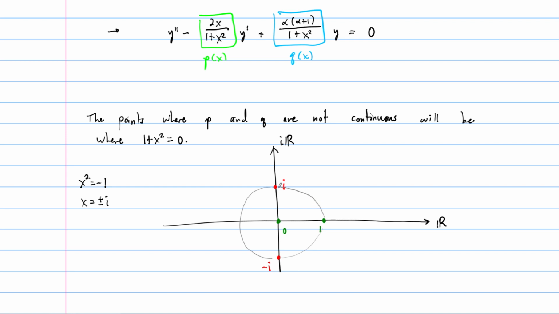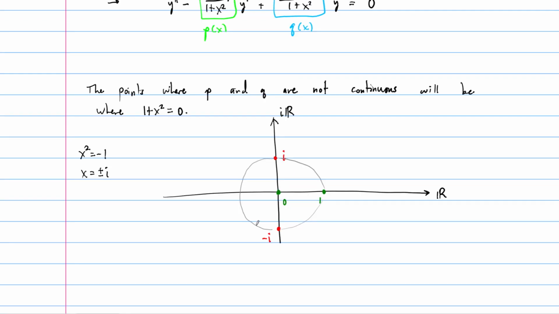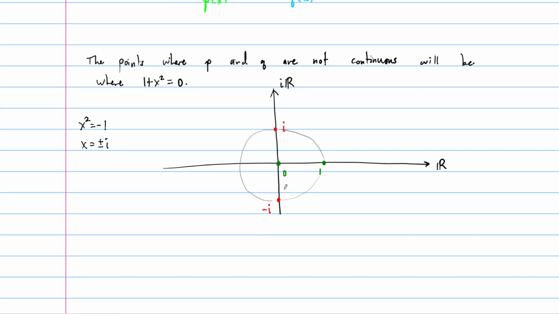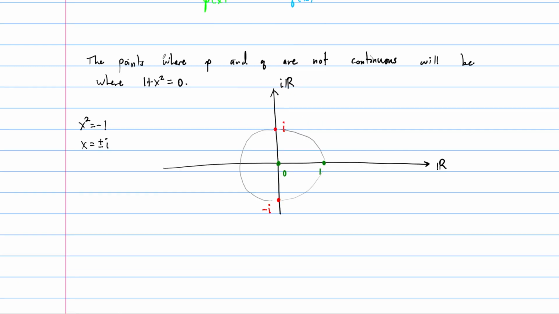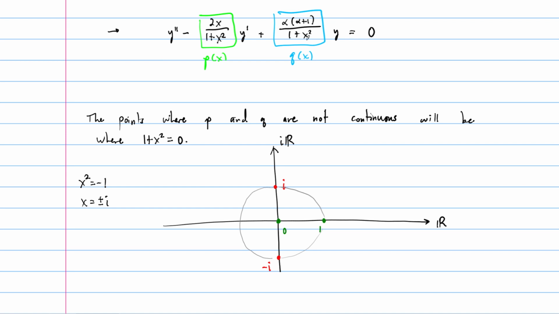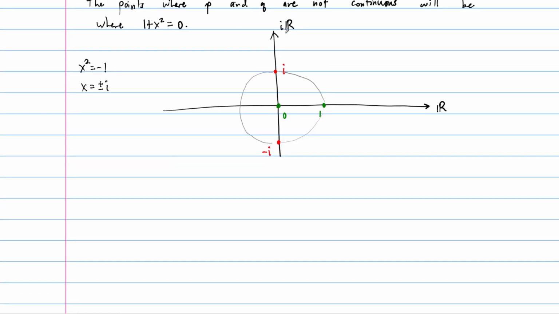That's supposed to be a circle. Use your imagination. At x naught equals 0, the minimum radius of convergence is going to be 1, because x equals 0 is 1 unit away from these points that make the denominators of our coefficient functions equal to 0. So the radius is greater than or equal to 1.